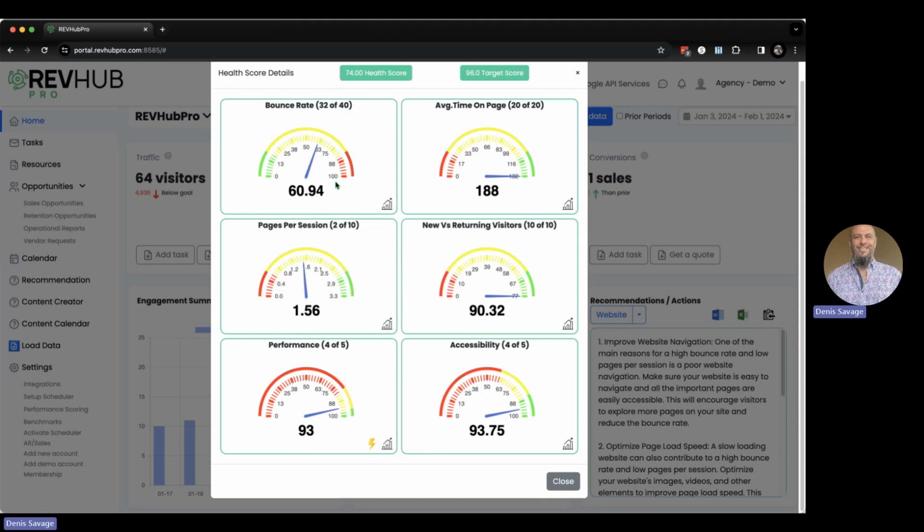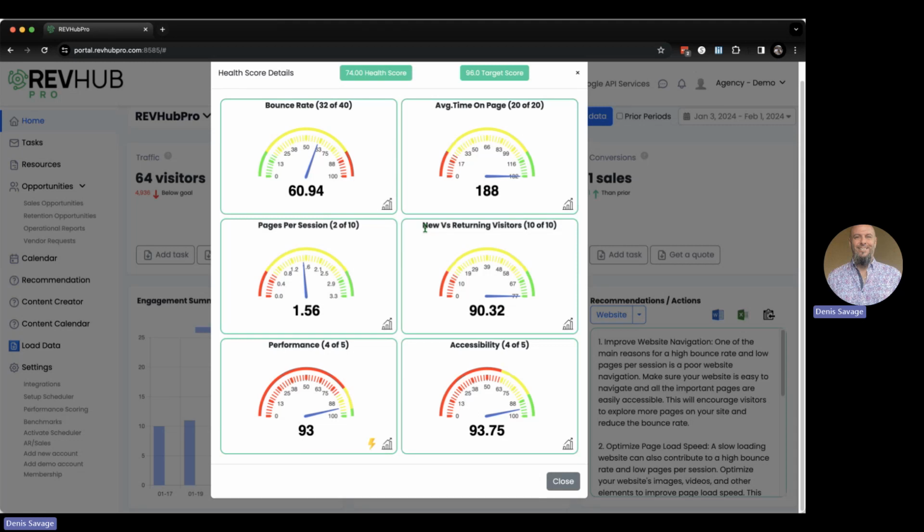So those target scores, I want to emphasize, are adjustable. Our 40 here on our bounce rate, we have a little performance scoring and benchmark section here. We can edit some of these categories to make it more beneficial for you and what your client wants to achieve. Those target scores being adjustable allow us to see incremental improvements over time so we can easily visualize and measure.